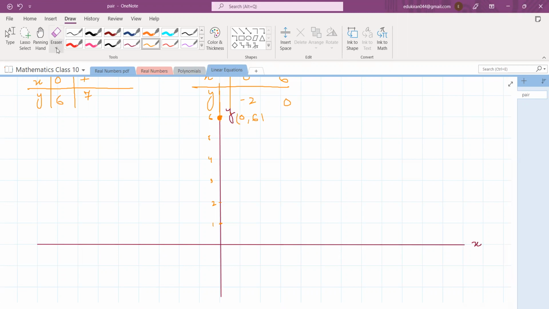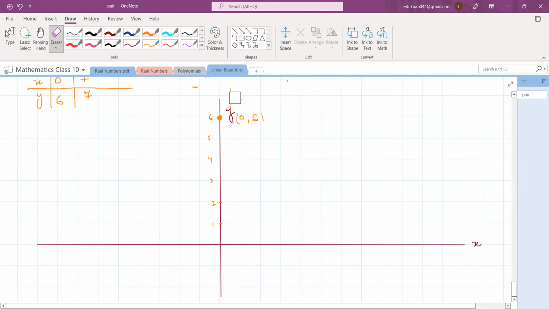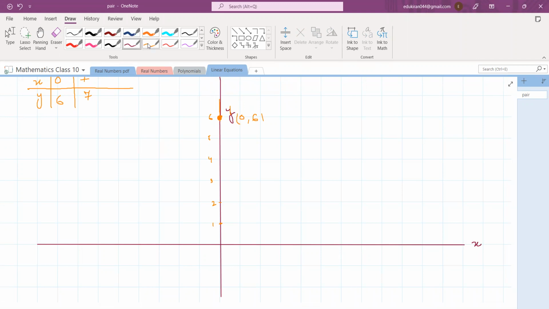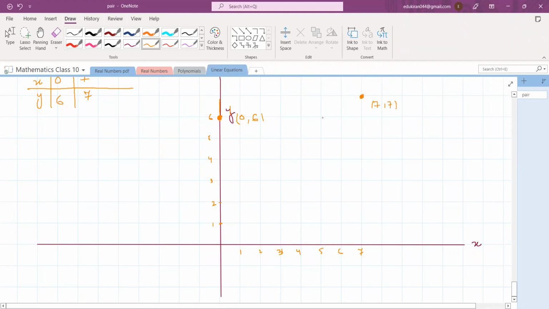Let me use my eraser and extend this line. This is 1, 2, 3, 4, 5, 6, and 7. So x is 7, y is also 7. This is 7, 7. Understood, all of you?